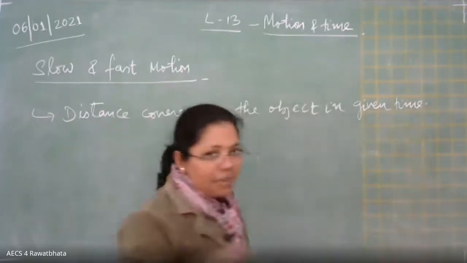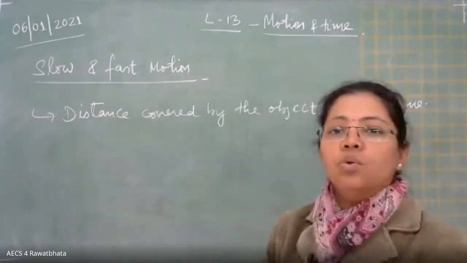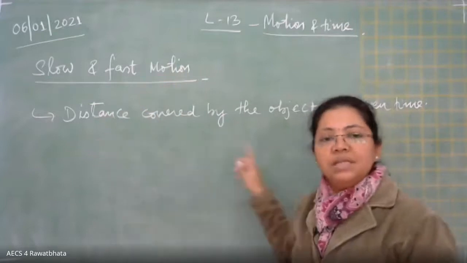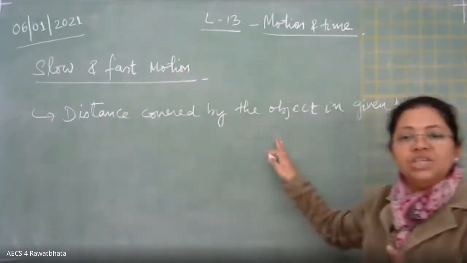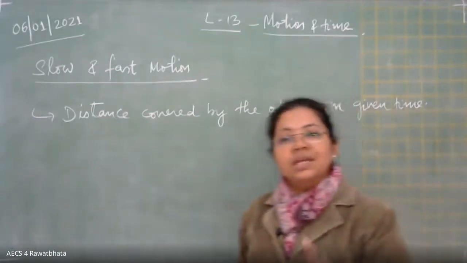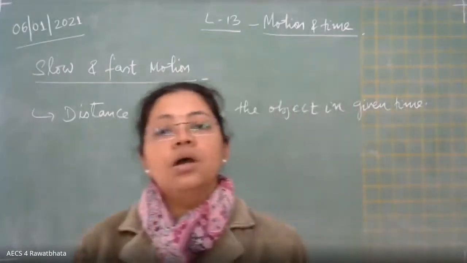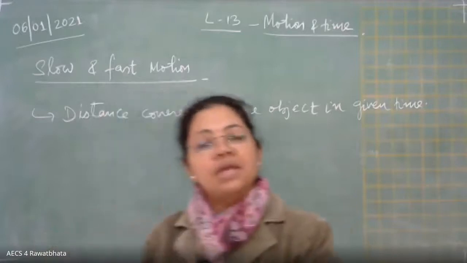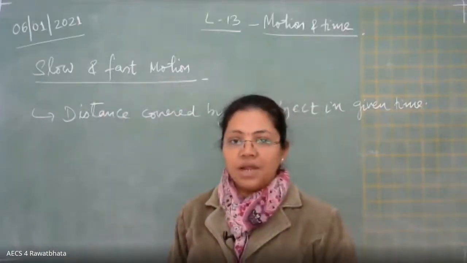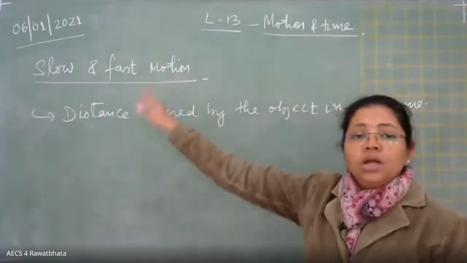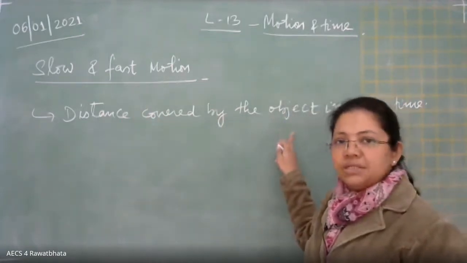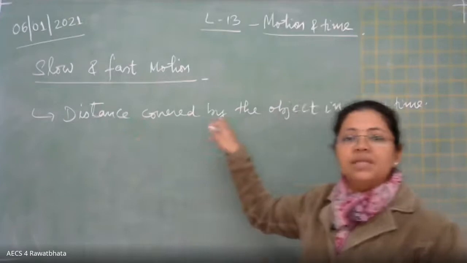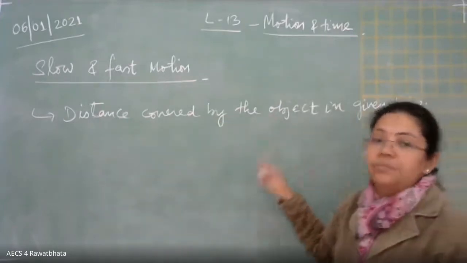And yes, I must appreciate that many of you have already told this method in the beginning, that madam, by measuring the distance covered by the object in given time, we can accurately tell which body or which vehicle is moving faster, right?